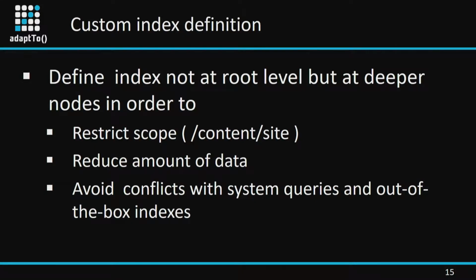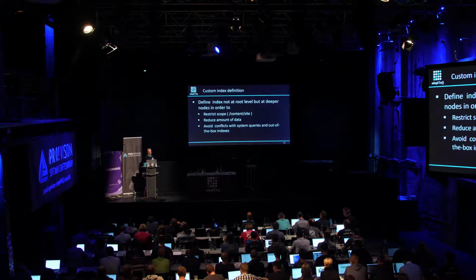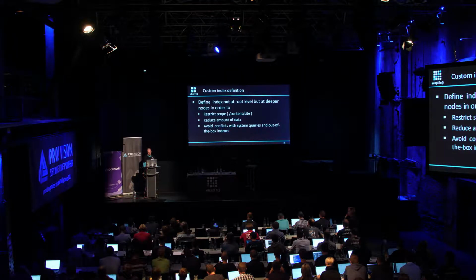My first recommendation, if you do that, is define the index not at the root level, but at deeper nodes, exactly where your content, the content of your website, is located. So you restrict the scope of your index. You are sure that your index will not be used for queries searching for a different content path.